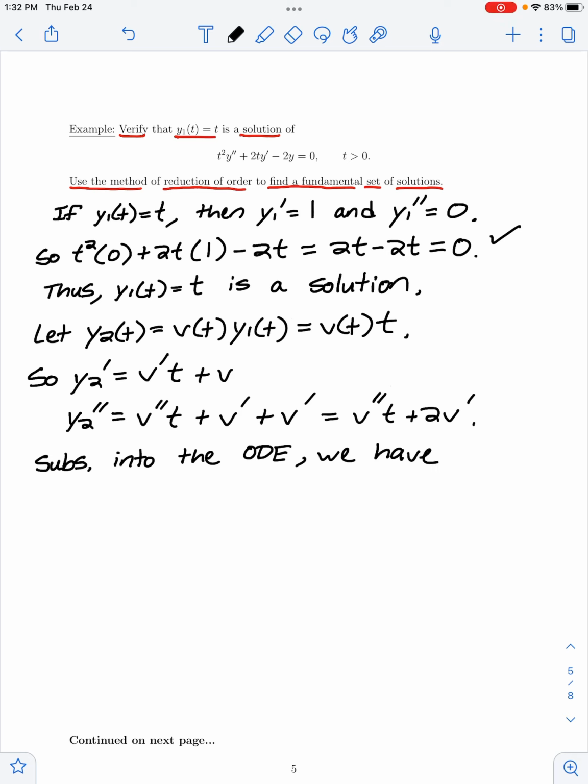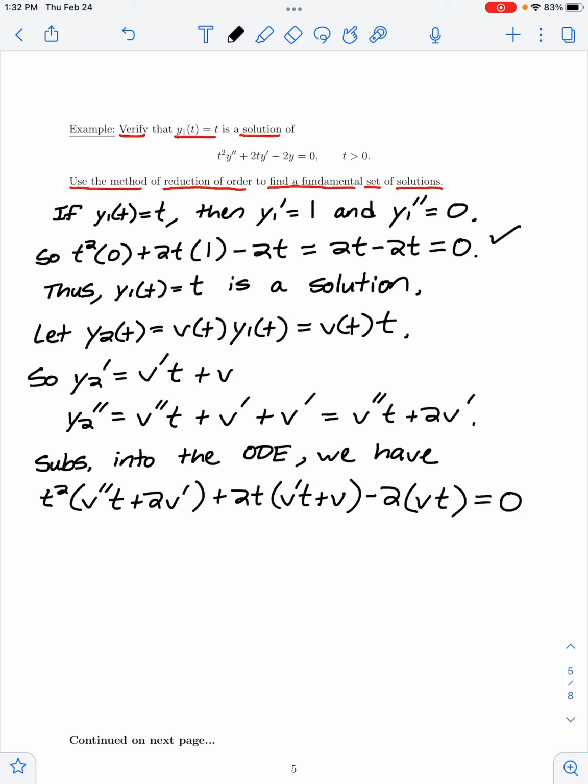So our equation was t squared times the second derivative of y, which we just found as v double prime t plus 2v prime, then plus 2t times our first derivative, which was v prime t plus v, and then minus 2 times y, which was just v times t. And we need this to equal 0 to give us a solution.